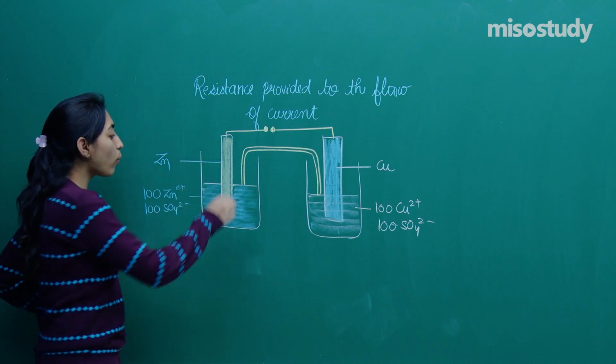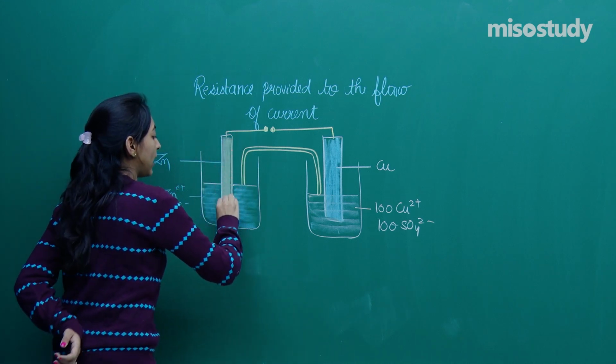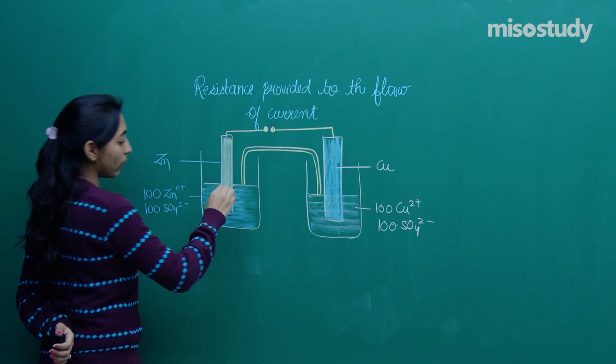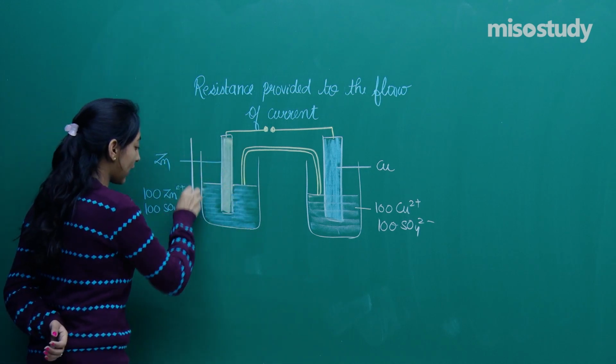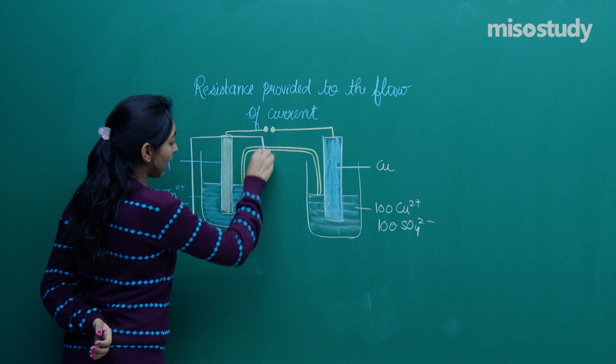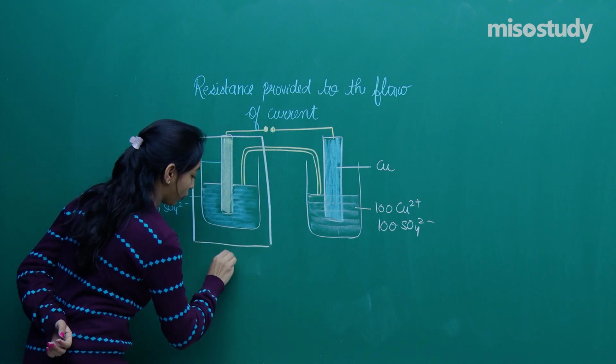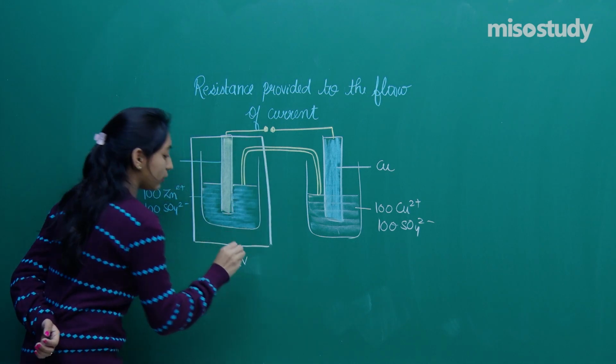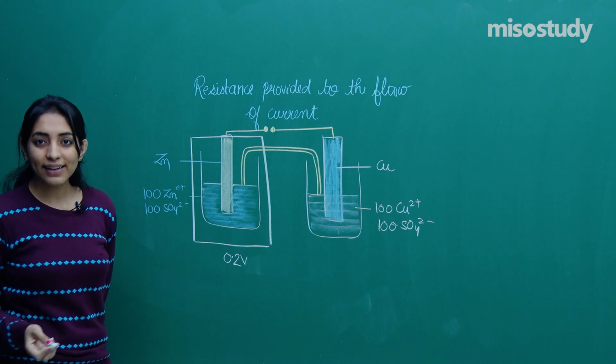That means now when zinc is dipped in the ZnSO4 solution, there was a potential, and let us say the potential in the left hand side compartment was 0.2 volt. It's not 0.2 volt actually, I am just taking it as a reference.